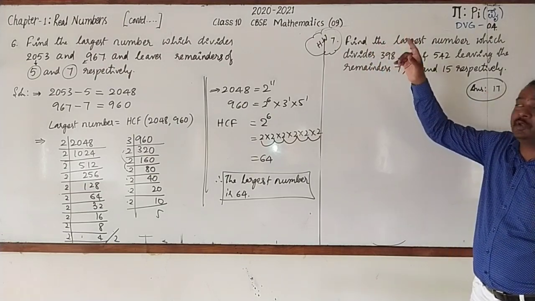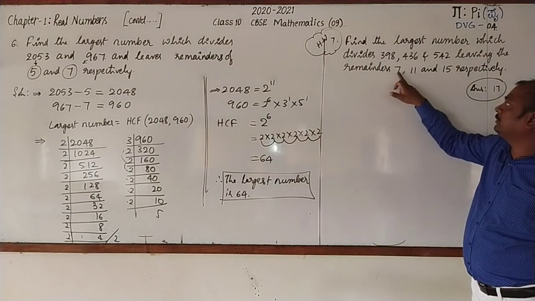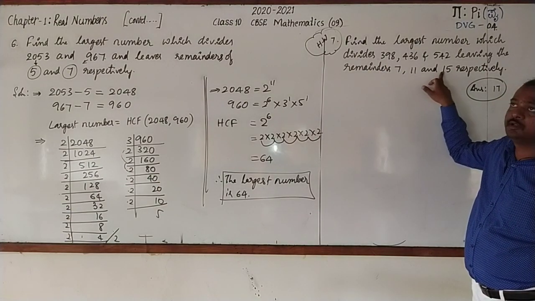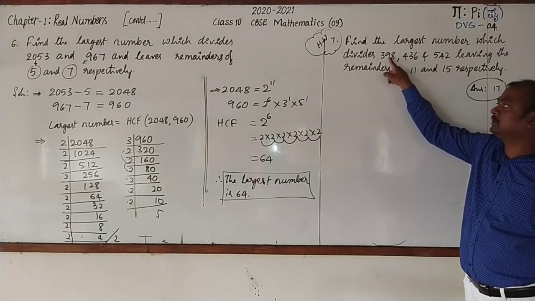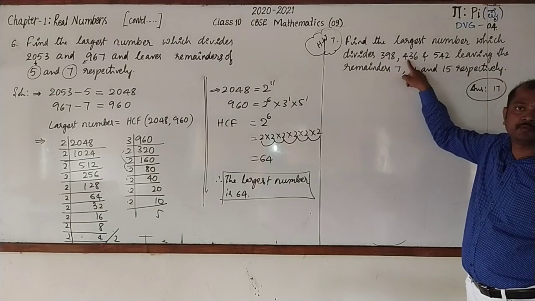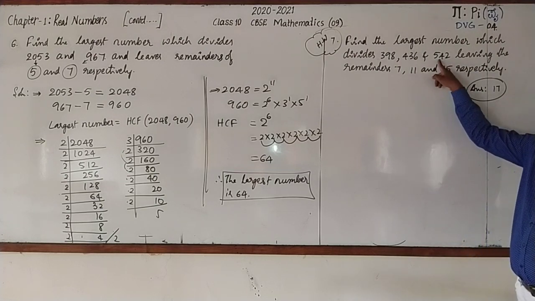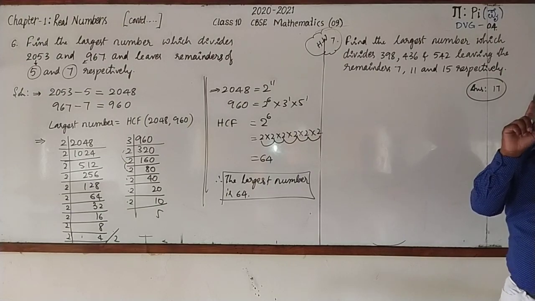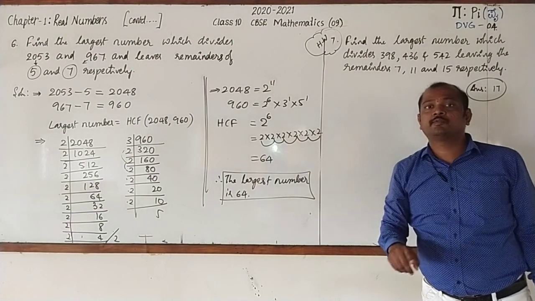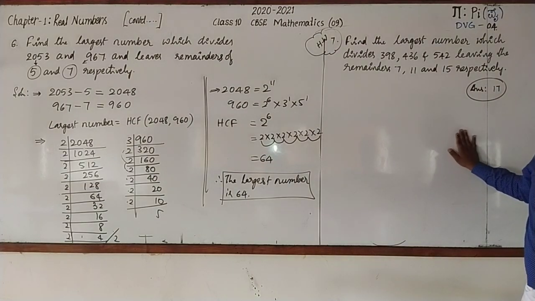When you divide these numbers by that number, you will get the remainders 7, 11 and 15. So 7 is extra in 398, you have to subtract it. 11 is extra in 436, you have to subtract 11 from this. And 15 should be subtracted from 542. You will get 3 new numbers and you are going to find the HCF of those numbers. Understood? Yes.